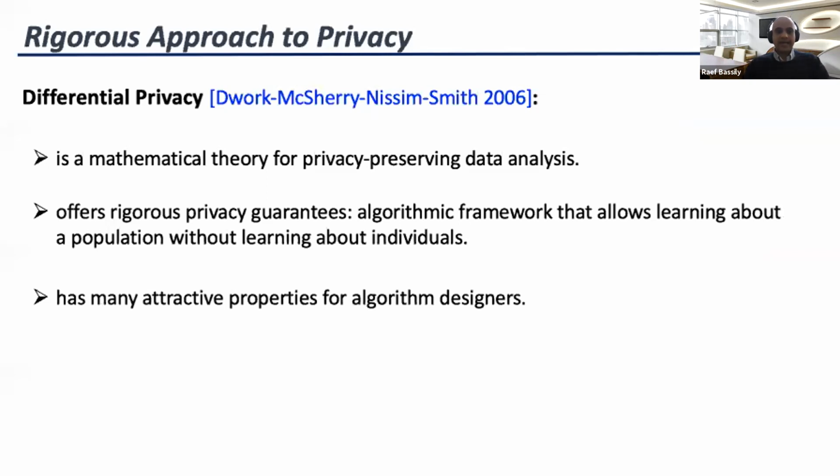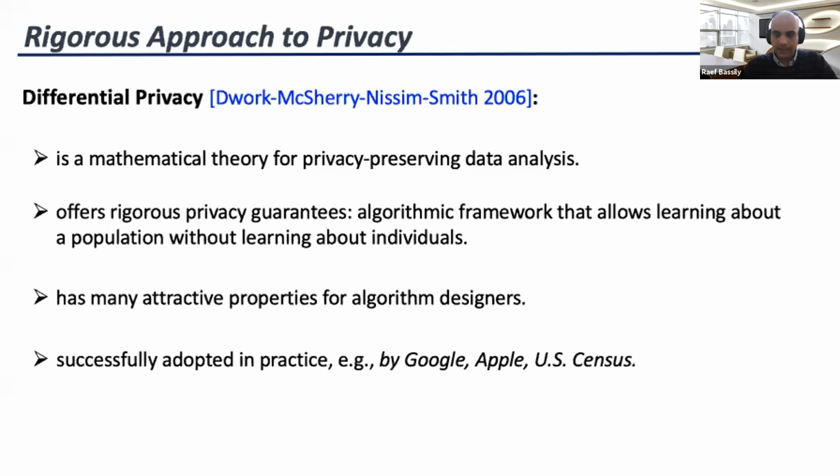This framework also has many desirable properties that simplify the algorithmic design of complex systems that require stringent privacy guarantees. That's why differential privacy has become the gold standard of privacy-preserving data analysis and machine learning. Differential privacy has also been successfully adopted in industry by companies such as Google and Apple, and also by government agencies such as the US Census Bureau since 2020.